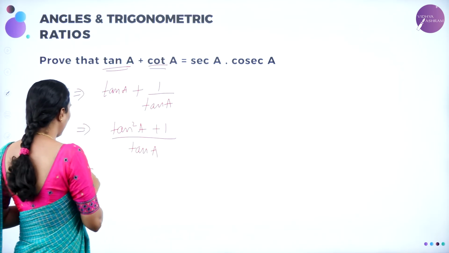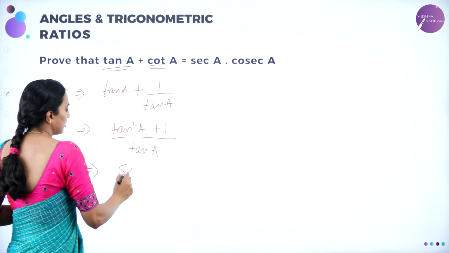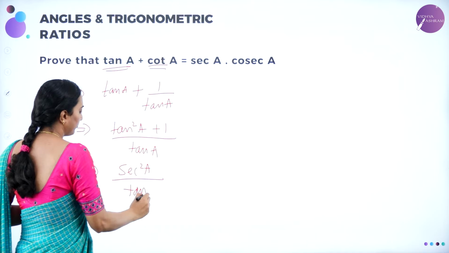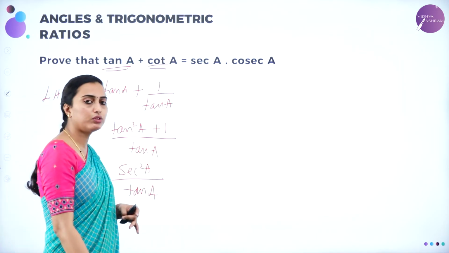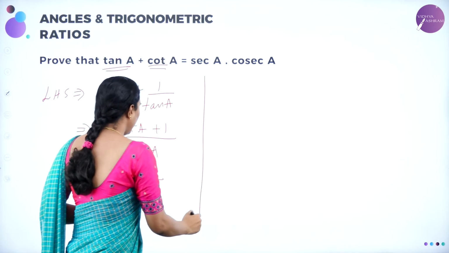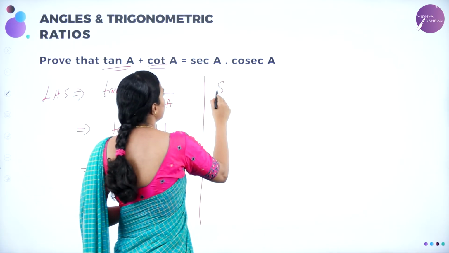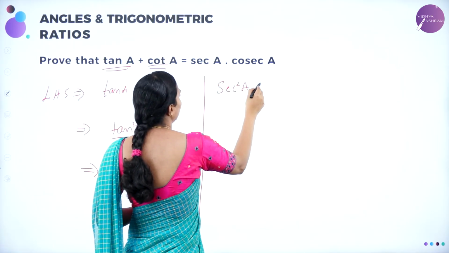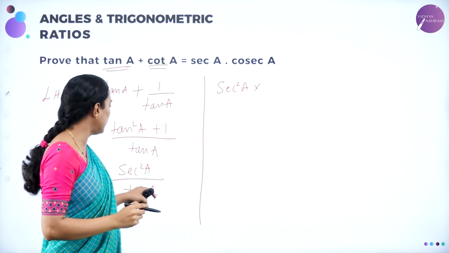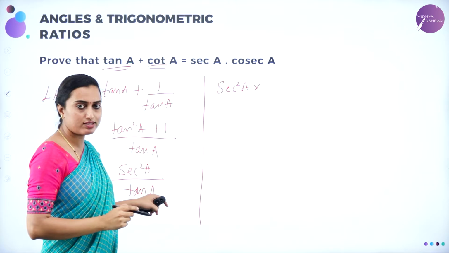So, therefore, we are going to write secant squared A divided by tan A. Now, what have they asked you to prove? They've asked you to show secant A into cosecant A. Therefore, I can write this as secant squared A as it is, into 1 by tan A. Tan A can be written as sine by cos, right?